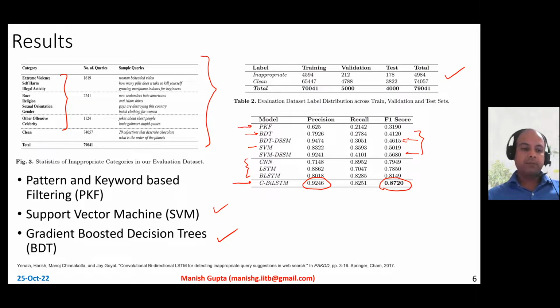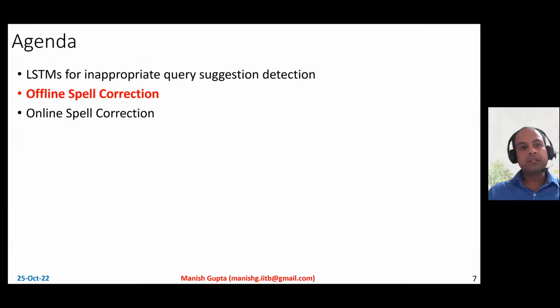Remember, tries based on historical queries are the most popular way of coming up with suggestions in an autocomplete system. So if your tries do not have any inappropriate suggestions, your methods would typically not surface them as part of your auto suggestions. Okay? So that's the first method.